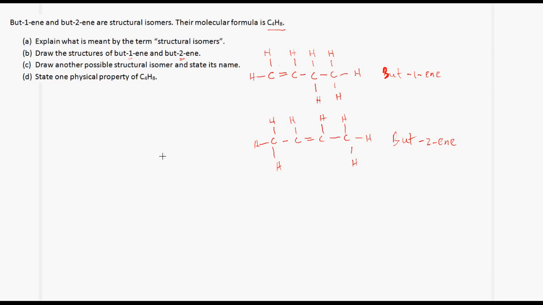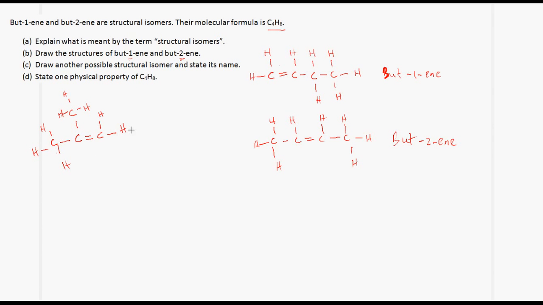So now what we can do is put a carbon here, another carbon here, and this would represent another structural isomer.